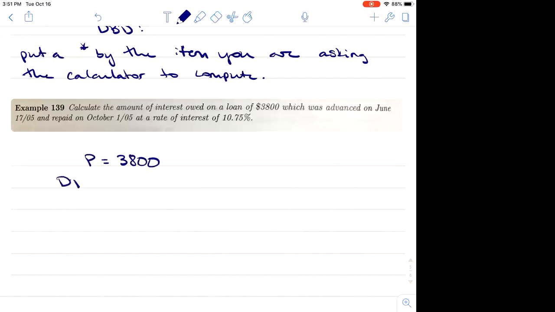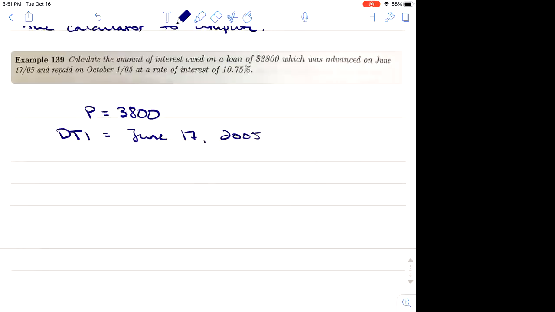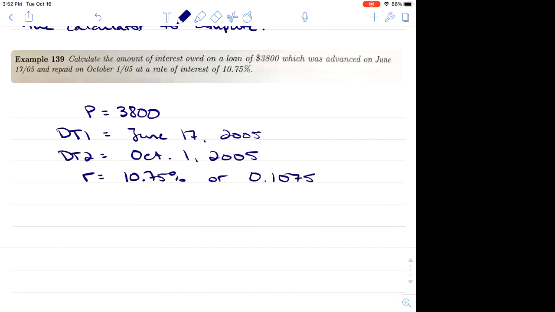So I'm going to say date 1 is June 17th, 2005, and date 2 is October 1st, 2005. We're also told that the interest rate is 10.75%, or 0.1075 as a decimal. Soon enough, we'll just start writing them as decimals right away. But we'll go slow.